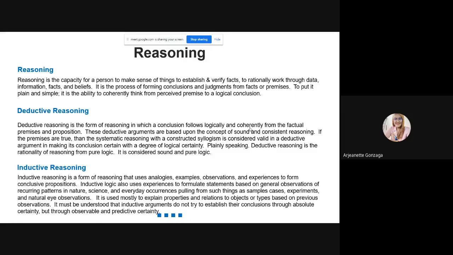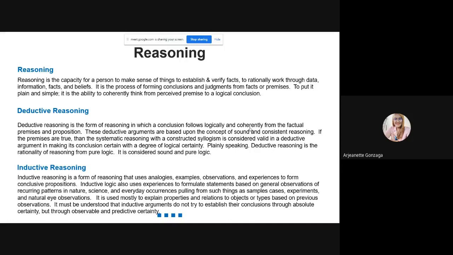So next is the inductive reasoning. So inductive reasoning is a form of reasoning that uses analogies, examples, observations, and experiences to form conclusive propositions. Inductive logic also uses experience to formulate statements based on general observations of recurring patterns in nature, science, and everyday occurrences. So pulling from such things as samples, cases, experiments, and natural observations.